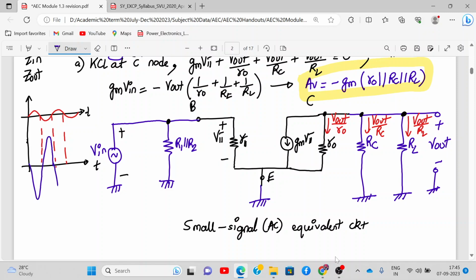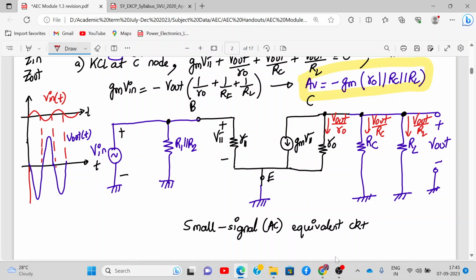Correct? So this is my V out of t, and this is my V in of t. If they ask you to draw the input output waveform, you have to draw it like this. Understood? The negative sign indicates that input and output are out of phase.